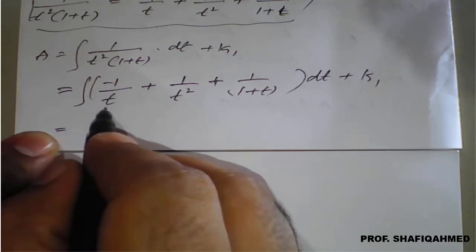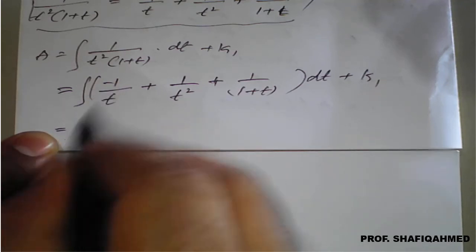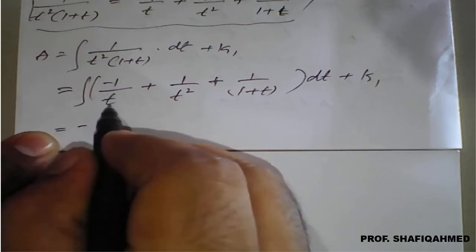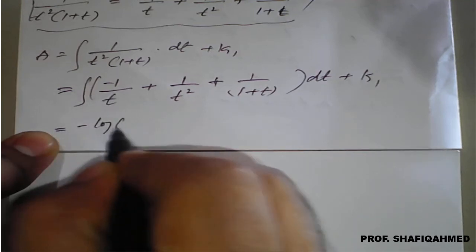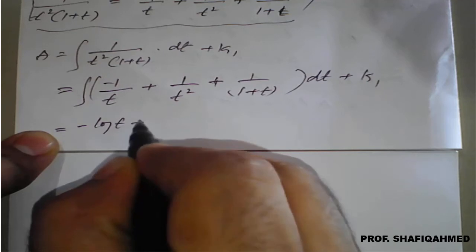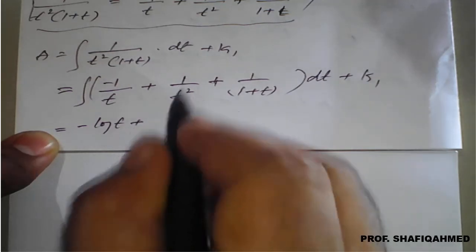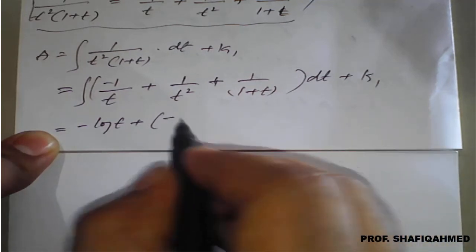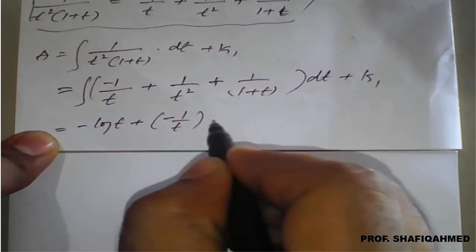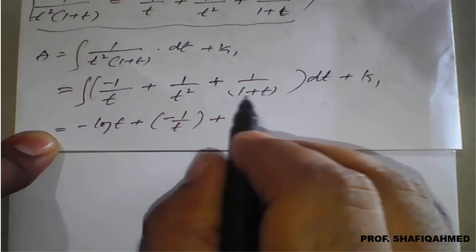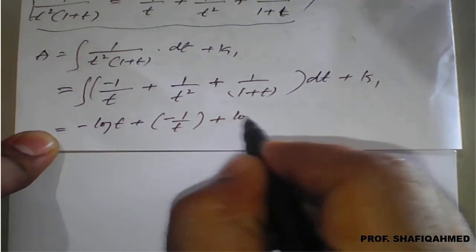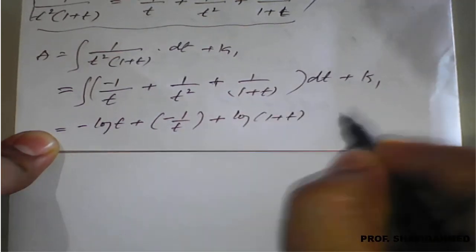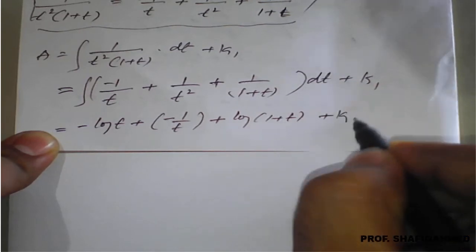so integration of minus 1 upon t will become out here minus sign, as it is 1, integration of 1 upon t is log of t, plus integration of 1 upon t square is minus 1 upon t, plus integration of 1 upon 1 plus t is nothing but log of 1 plus t plus k1.